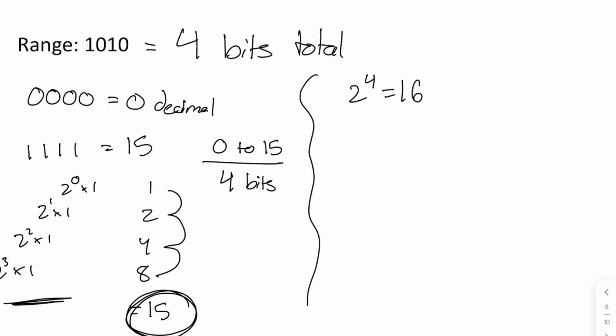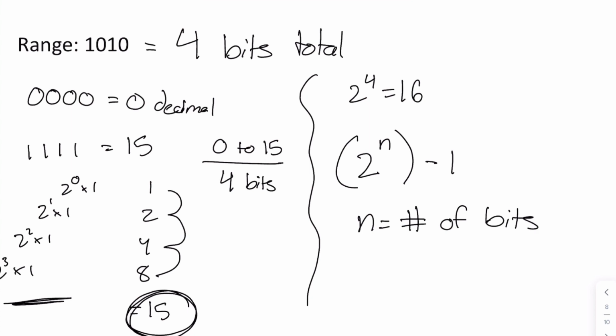So how can we make an equation out of this that holds true? That's going to be 2 to the n minus 1. And so n equals our number of bits, right? So here we were using 2 to the 4th, and where else did we have 4? 4 bits total, right?